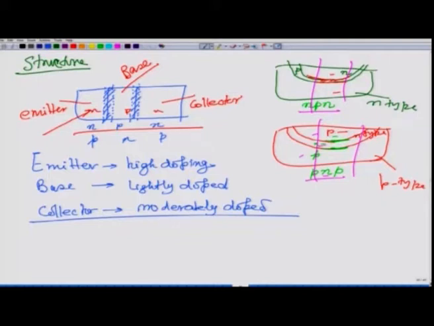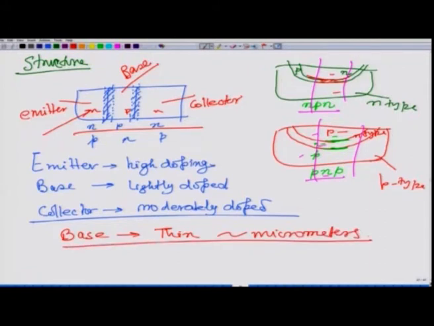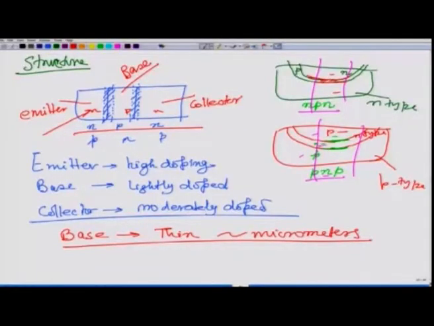The base, very important, this base region is very thin, say of the order of micrometers or so. This base region is very thin as compared to the emitter and collector, and in these two also the collector will have a larger width as compared to the emitter. So, there also you can make some classification which one is emitter, which one is collector, and base is of course very thin.